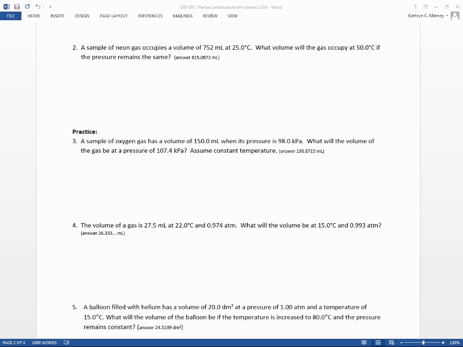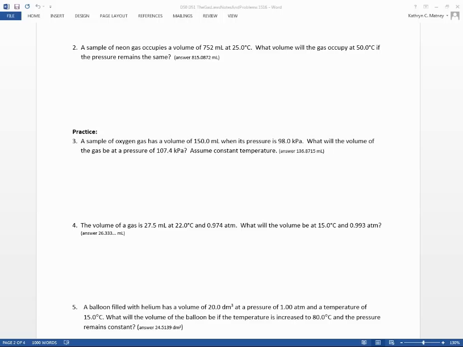They are my ones. The problem then says, what volume, that's my unknown, will the gas occupy at 50 degrees Celsius? That's a second temperature. If the pressure remains the same, that means P1 and P2 are the same, so I can leave them out of my formula.